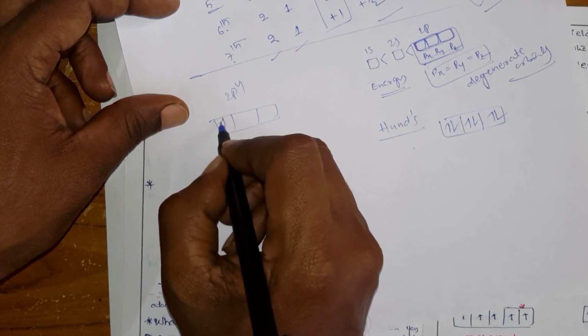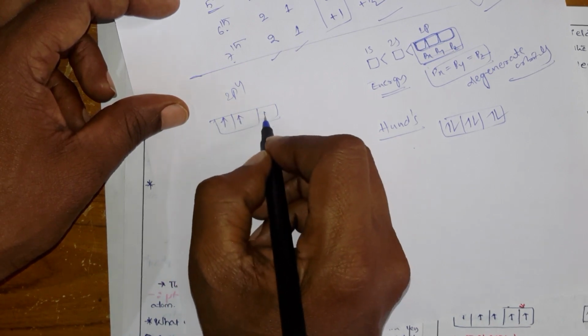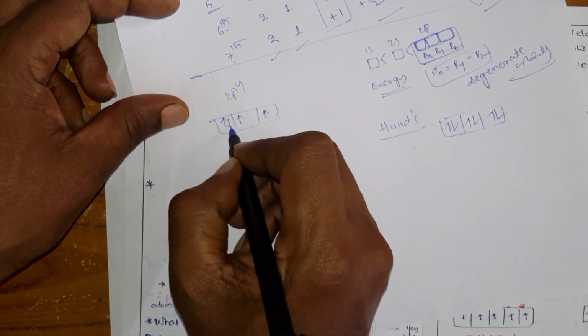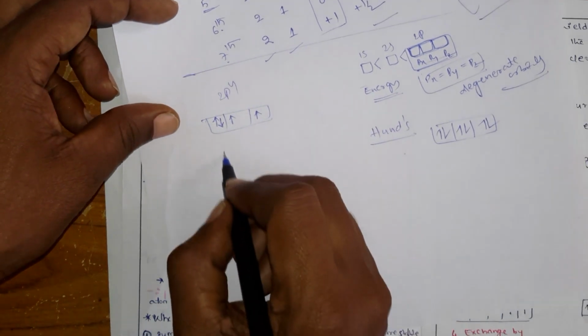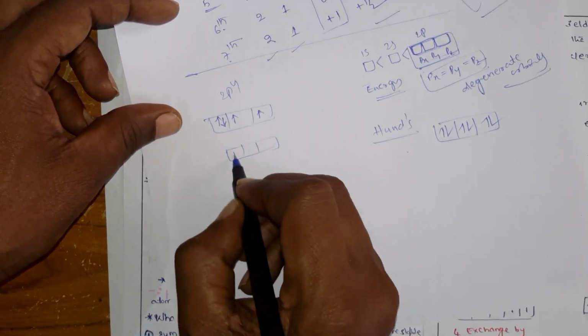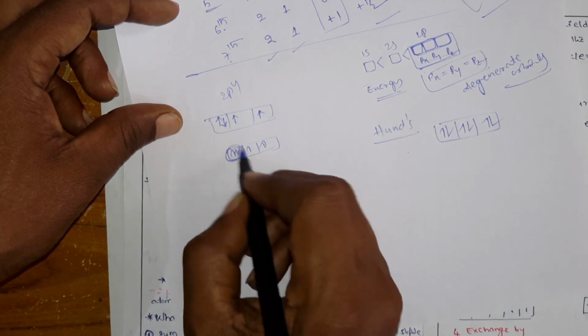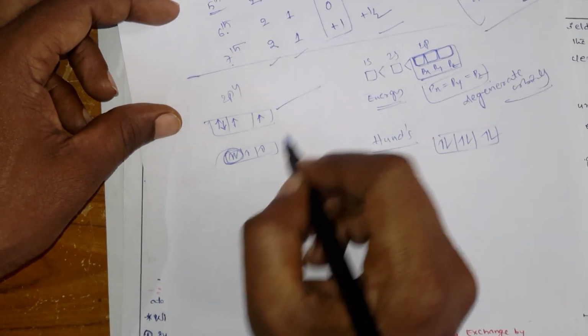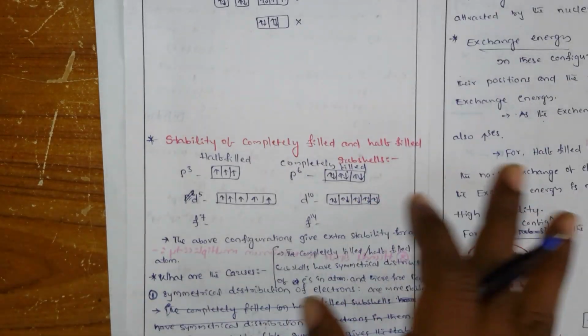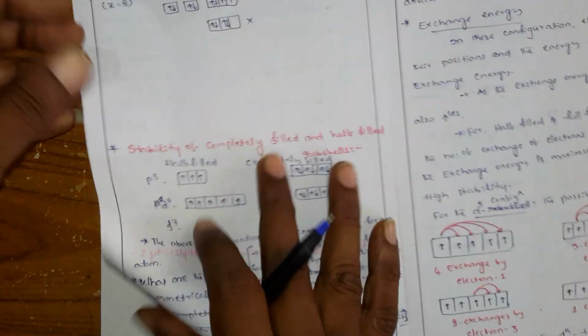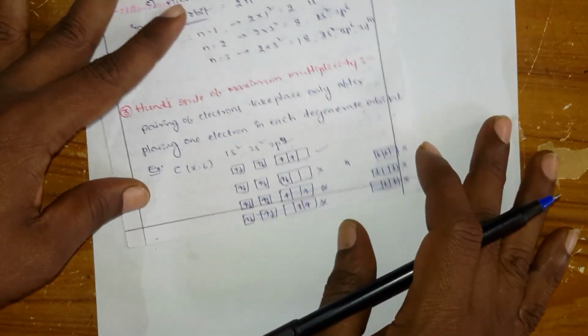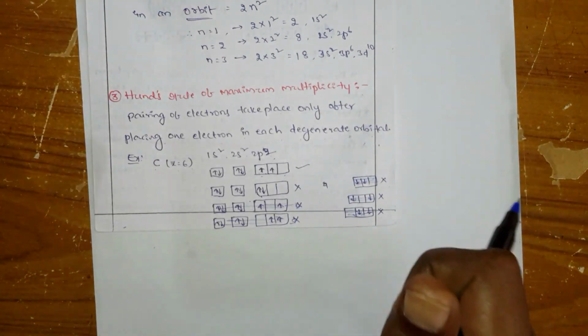You have to write one here, the second one, and the third one. Then you have to write the pairing. Don't write like this. You should not pair first. This is all about Hund's rule of maximum multiplicity.